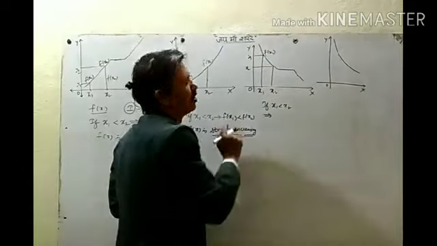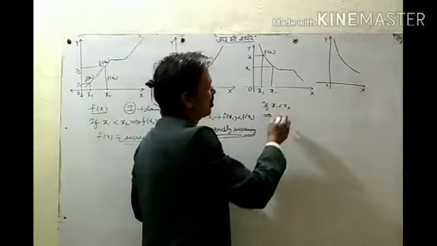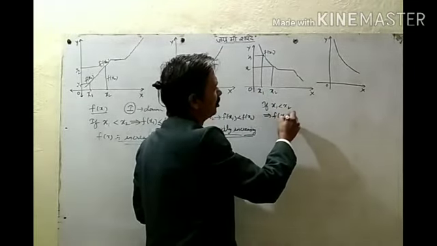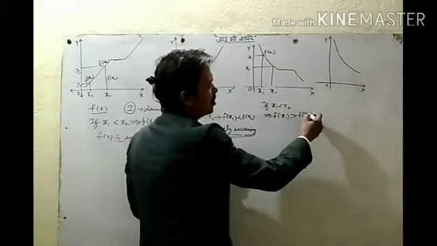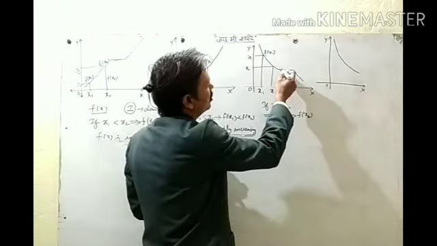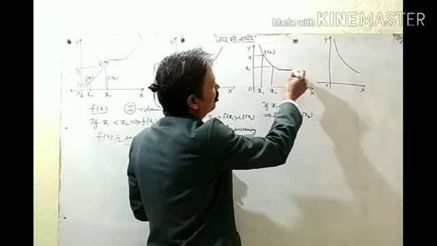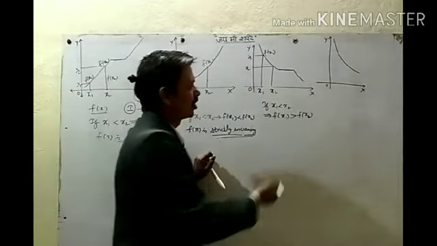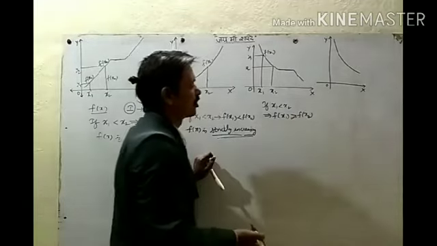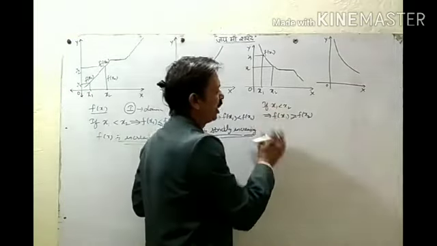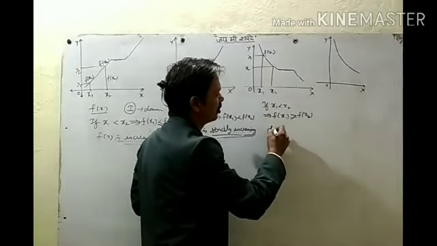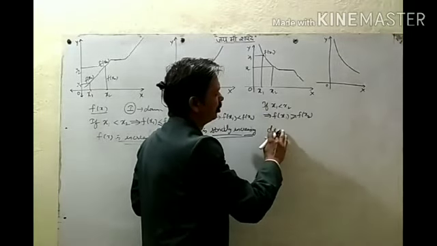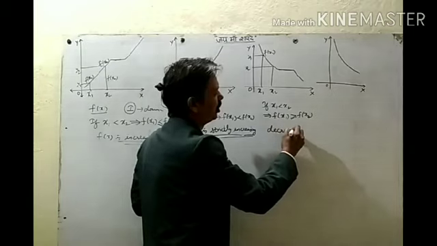Now y1 is more than y2, meaning f of x1 is more than f of x2. And for some cases it is constant also, it can be equal. So when x1 is less than x2 and f of x1 is more than or equal to f of x2, then your function is a decreasing function.